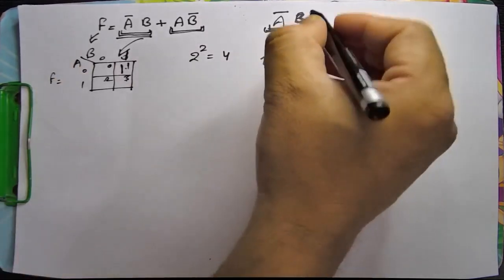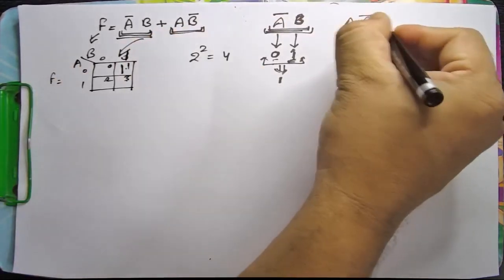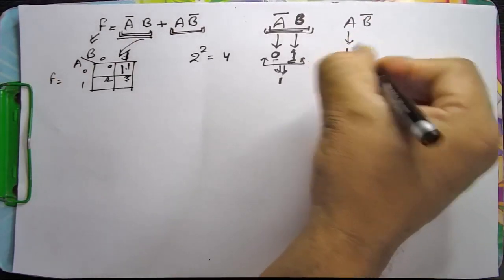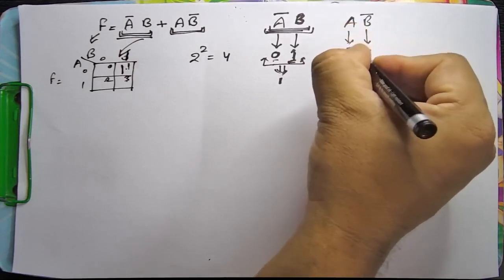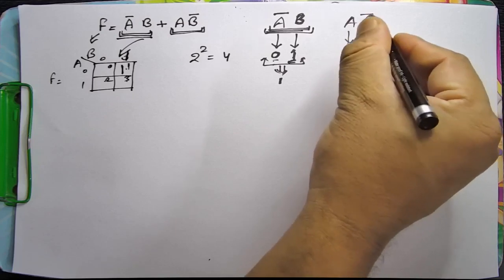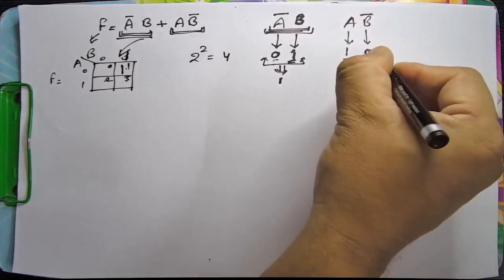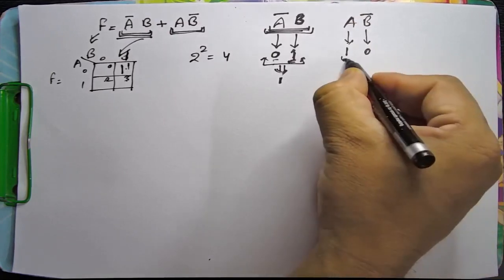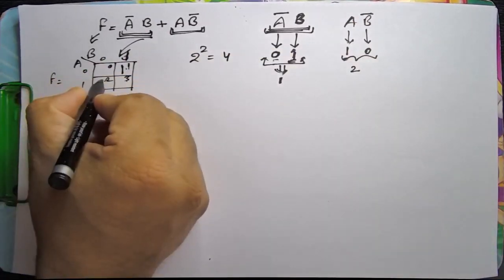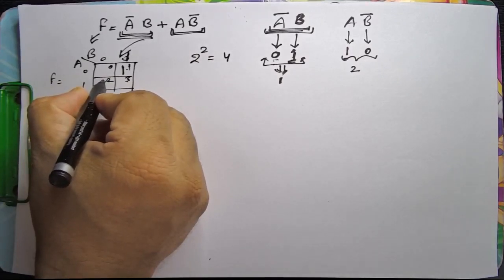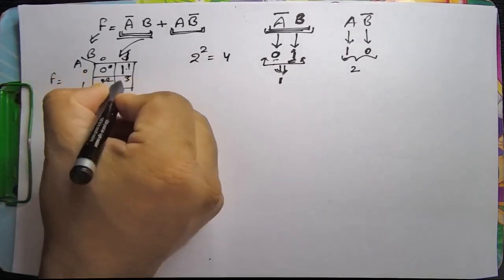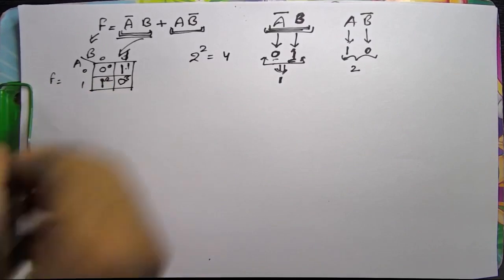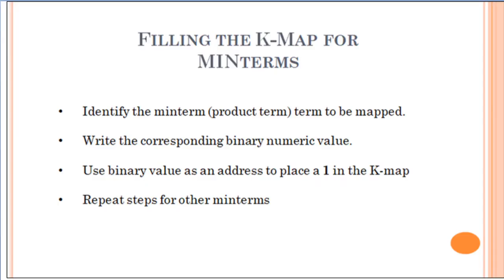Now the second term is a b bar, that means a becomes 1 because this variable is without bar, and b has complement, so it becomes 0. This 1 0 means 2, so we have to fill 1 in that particular location, and the rest of the min terms will be 0. This is the method for filling the K-map for the min terms.